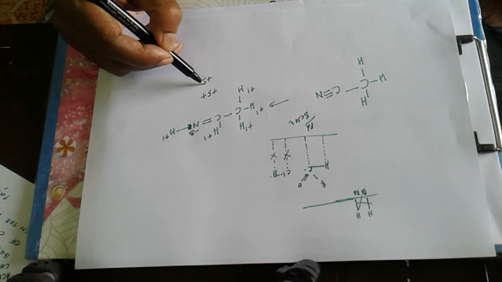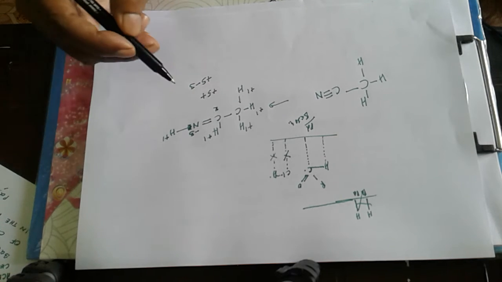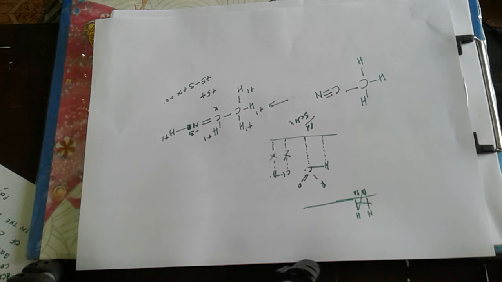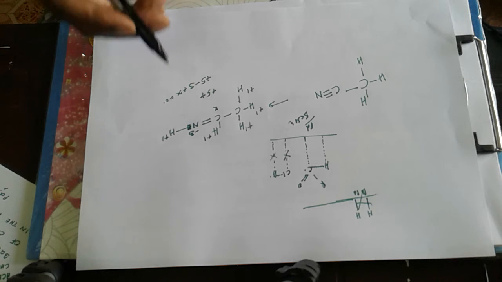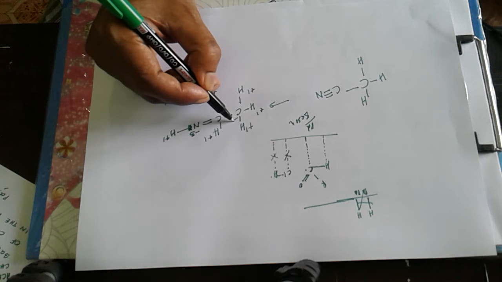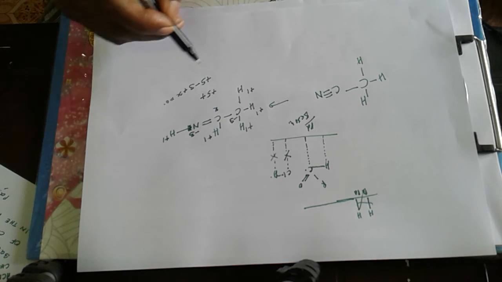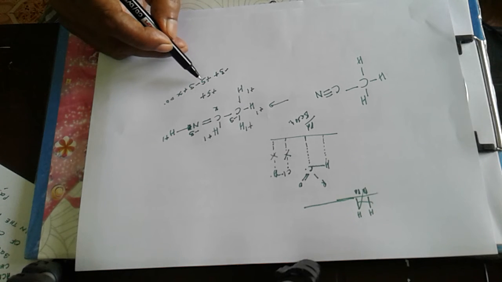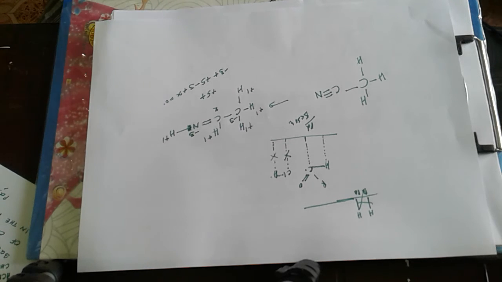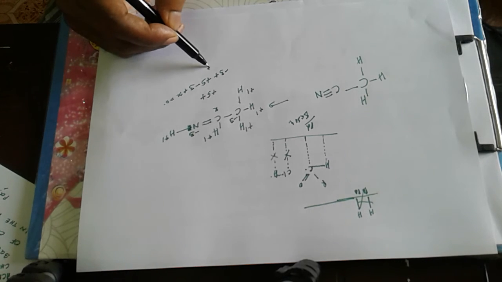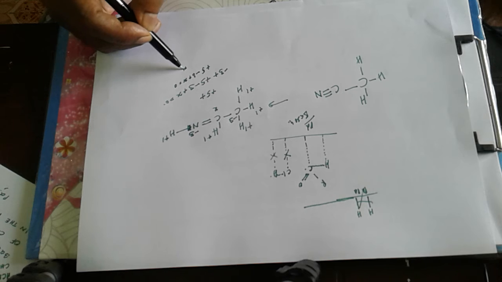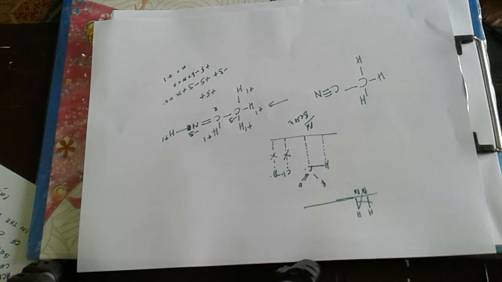Then suppose this carbon is X, plus X equals 0. This carbon is having -3, so we have to add this also. So -3 plus +5 -3 plus X equals 0, so +5 -6 plus X equals 0, so that X equals +1, we can say.